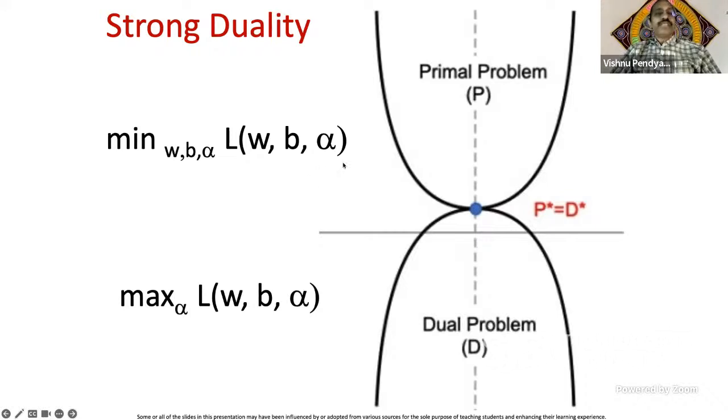Right? So this is called the primal problem. Minimizing the loss function with respect to weights and biases is called the primal problem. And optimizing the loss with respect to alpha is called the dual problem. Just terminology. It's not anything too complicated.